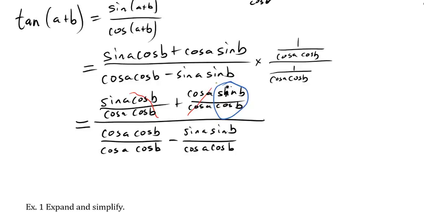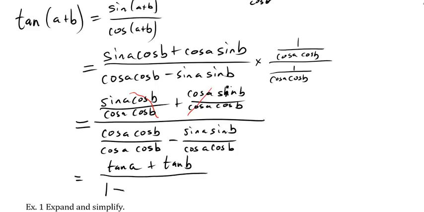So we can put this back into tan form, which is kind of what we want. This is 1. And what is this? Sine A over cosine A times sine B over cosine B. So tan A times tan B. And that's our formula. So it equals sine A over cos A is tan A plus sine B over cos B is tan B, over 1 minus tan A times tan B.